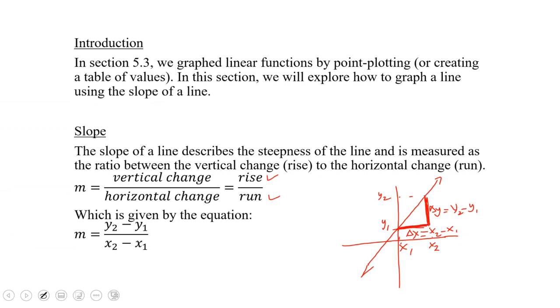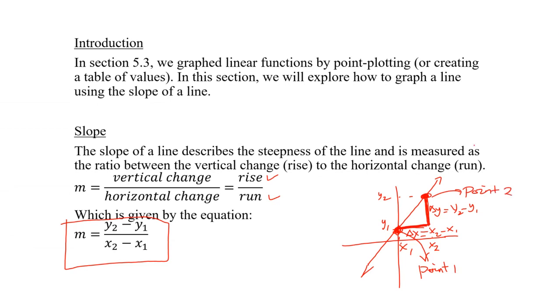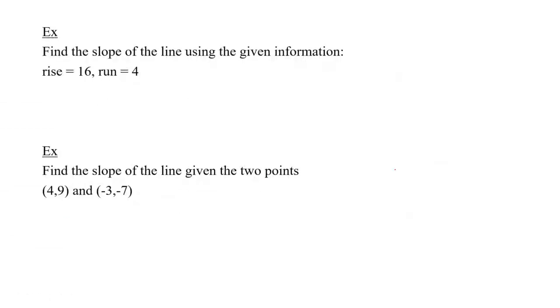So the formula is this, and I want you to keep this formula. x1, y1 represent point 1, the first point, and x2, y2 represents point 2. If you know point 1 and point 2, you can easily find the slope, and that's what we are going to do next.